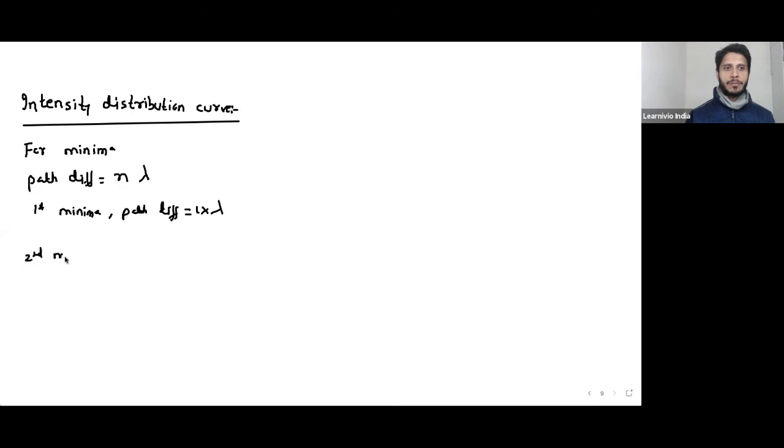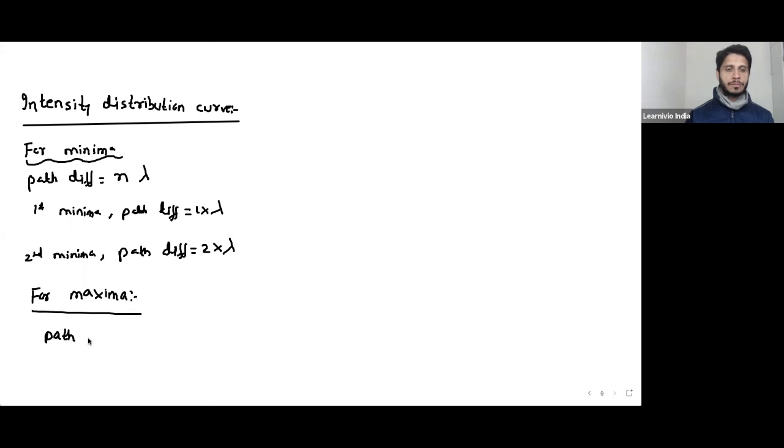For the second minima, the path difference comes out to be 2 lambda, and so on: 3 lambda, 4 lambda, 5 lambda for the minima. For maxima, the path difference is (2n plus 1) lambda by 2.